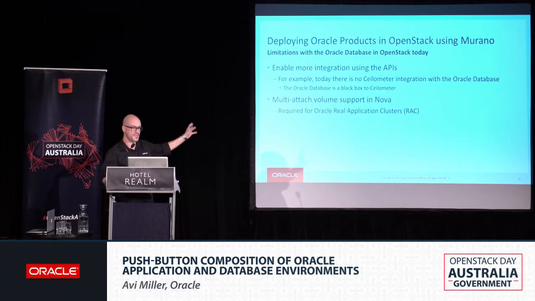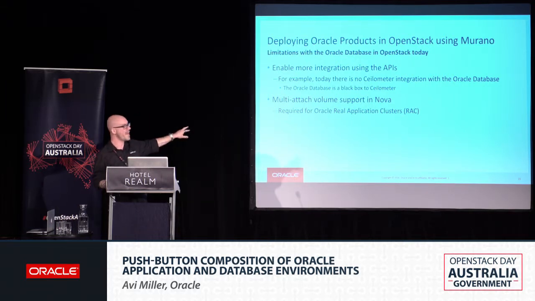So part of the work that we're doing with the database team now is exposing all of that to Ceilometer. So that if you see this VM's CPU is at 80%, its I/O is through the roof, you can ask why. Oh, because I've got an Oracle RAC node running, and then I can see cache fusion misses, and I can see low-level table locks that are being held across RAC nodes, for example.